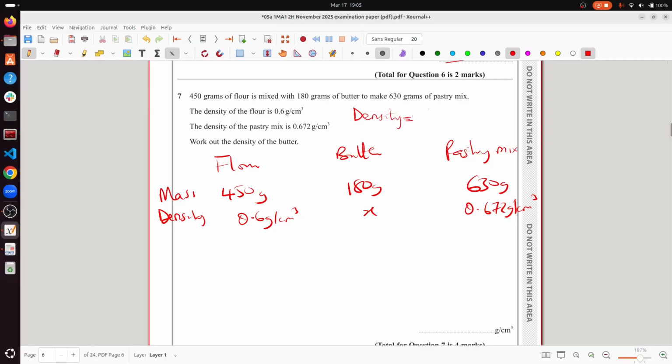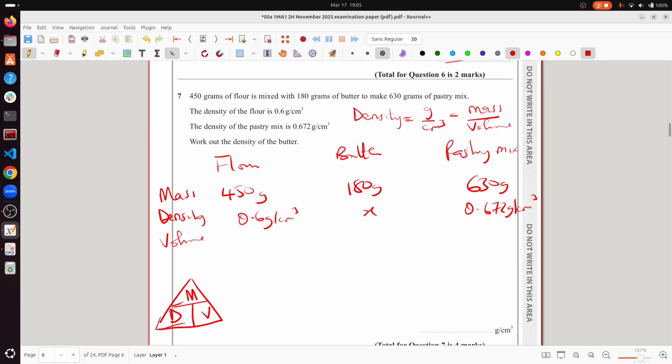Density is measured in gram per centimeter cube, and my gram represents mass and the cm cube is for volume. Now you can use your formula that you always remember, which says that your density is your mass over your volume. So for us to find our volume now, we need to find our volume for each one.